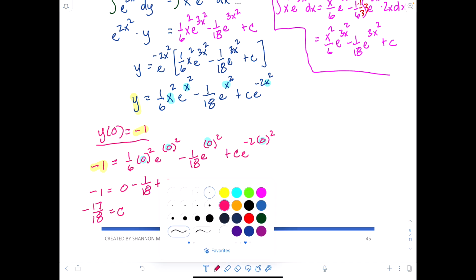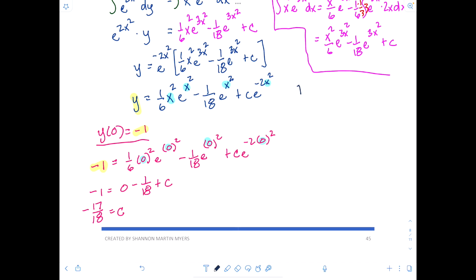And then back substituting, we'll have y equals 1/6 x squared e to the x squared minus 1/18 e to the x squared minus 17/18 e to the negative 2x squared.